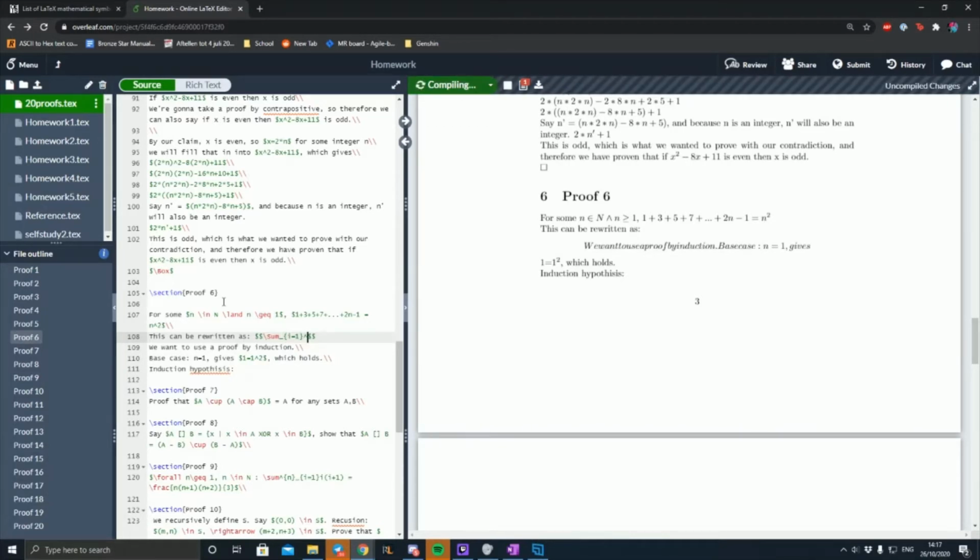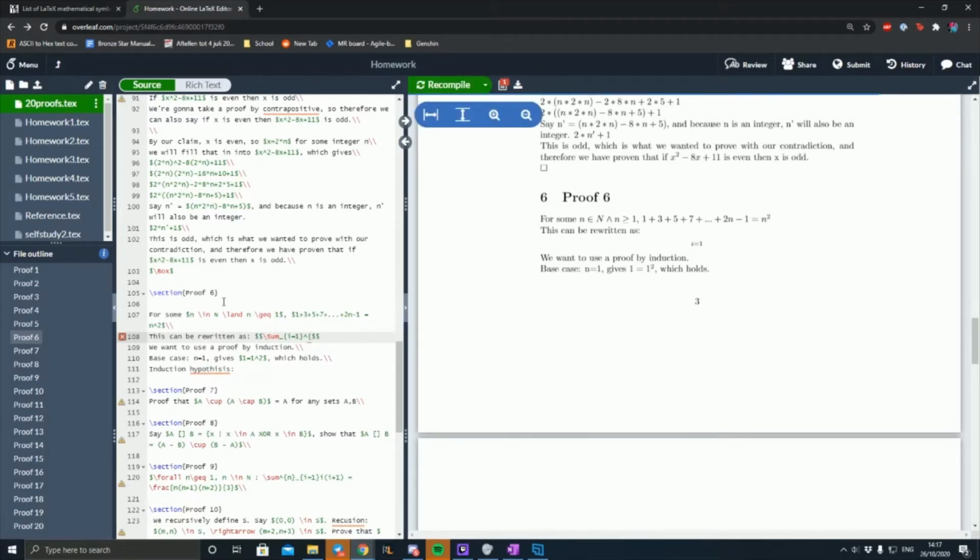Actually, i equals 0 could also work, because you need 2 times i plus 1. So this is the sum from i is 1 to n of 2i minus 1, is equal to n squared.